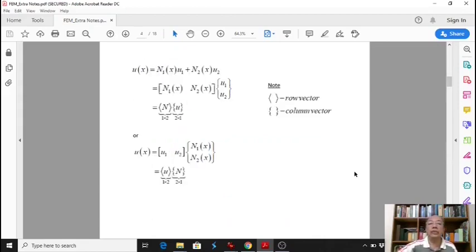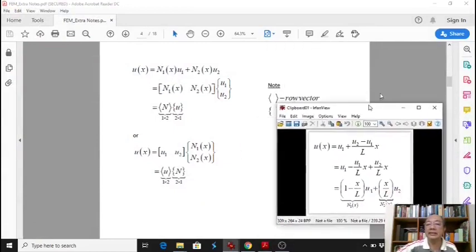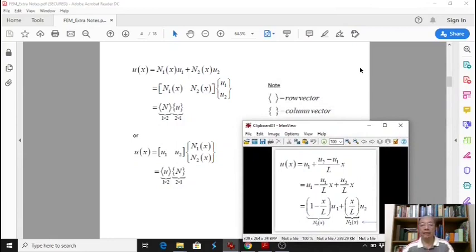Okay, so we go to the next slide. From the previous slide, this term we call N1 of x multiplied by U1, plus N2 of x times U2. We can use matrix multiplication.